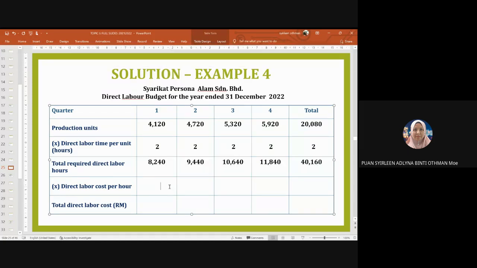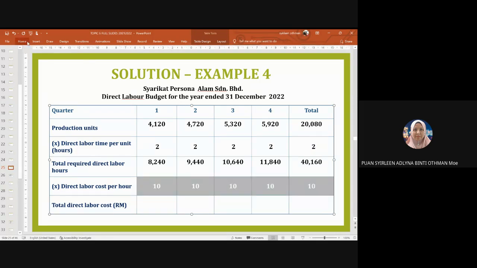So for the first quarter, labor needs to work 8,240 hours in order to produce 4,120 units of product. We know 1 hour of labor is paid RM10.